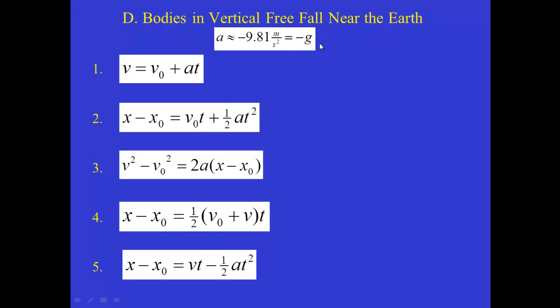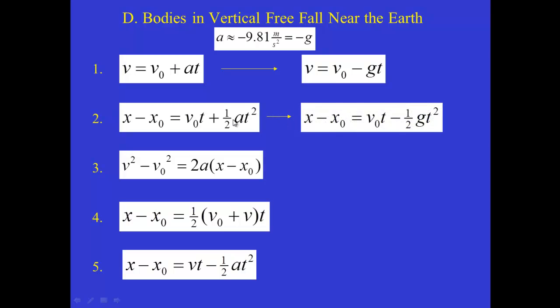Okay? So all we're going to do with our 5 kinematic equations is show how when we substitute a equals minus g, we get a special case of each of these that applies to conditions of vertical free fall motion. So the first equation is easy. a is equal to minus g, so we get v equals v0 minus gt.